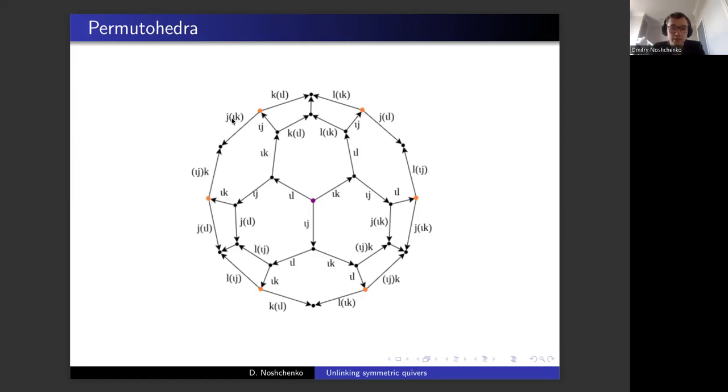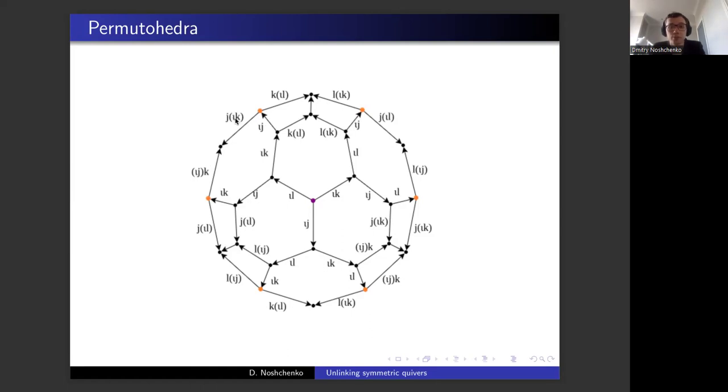And you can see that unlinkings which connect orange dots do not involve iotas. So here, this index, for example, iota k is different from iota. So iota k is the node which has been created by unlinking iota and k, and this is completely independent from iota.